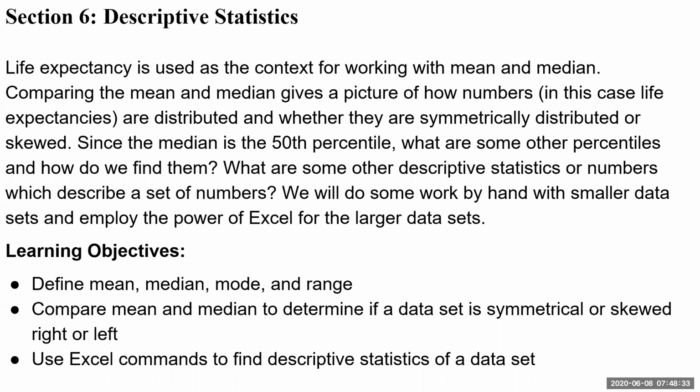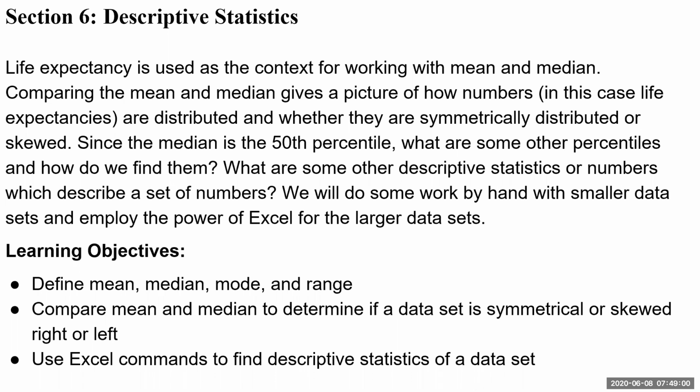So the median is what we call the 50th percentile. We will look at some other percentiles and how we find them. Now, what are some other descriptive statistics which describe a set of numbers? We will do some work by hand with smaller data sets, and for larger data sets, we will look at how we can use Excel.